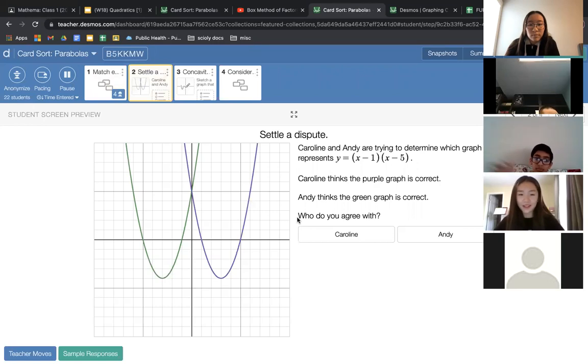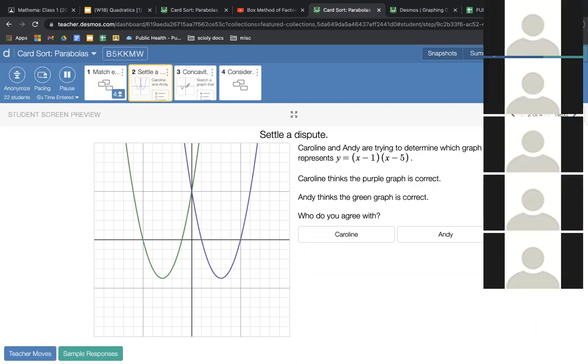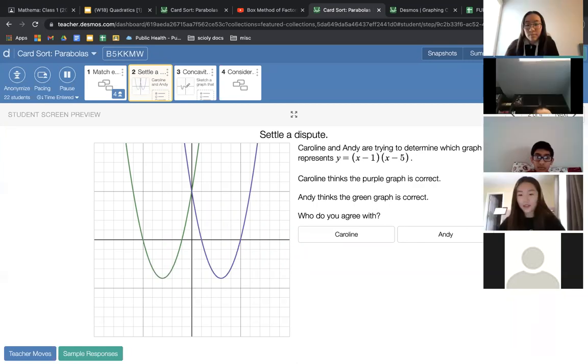If you think Caroline's correct, then at the bottom, there's reactions on the very right. Do a clapping hand like this, and if you think Andy's correct, do a confetti thing. So purple is Caroline, green's Andy.